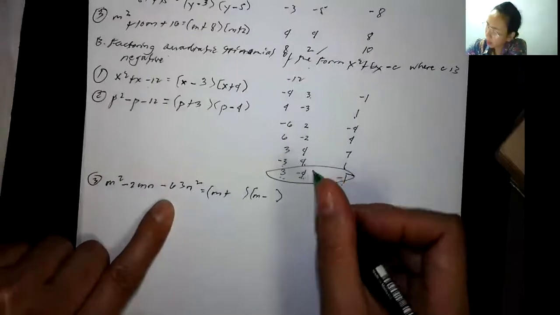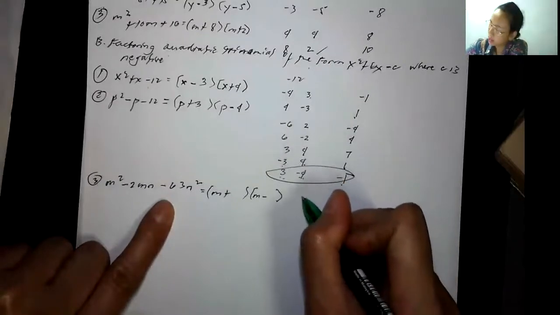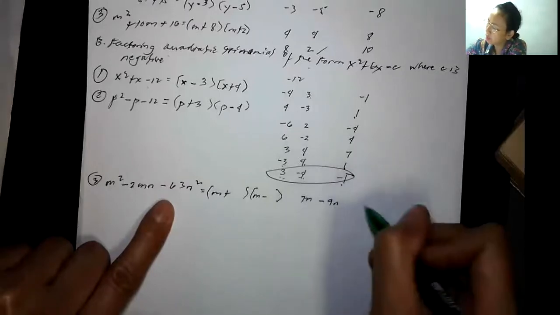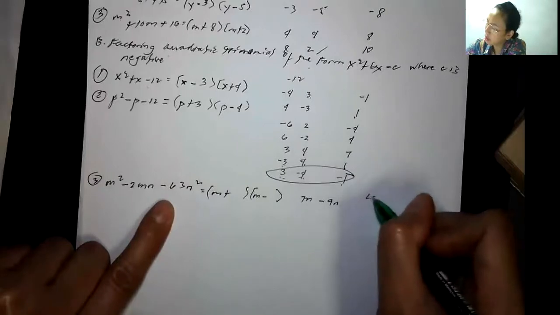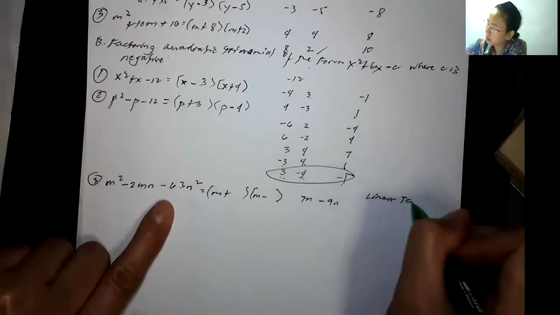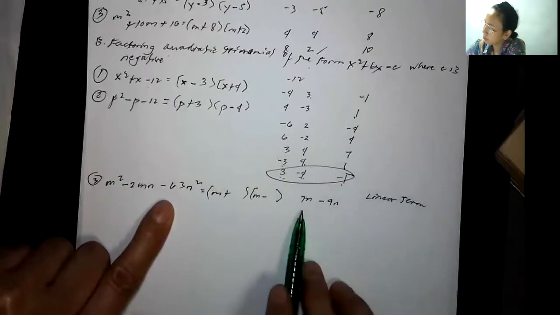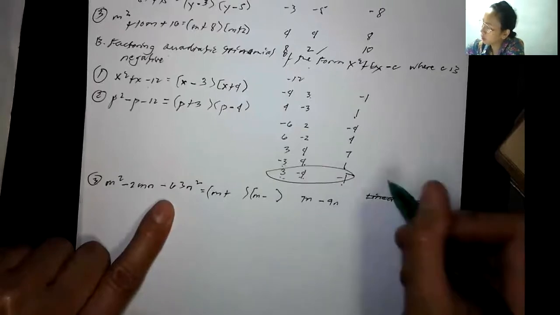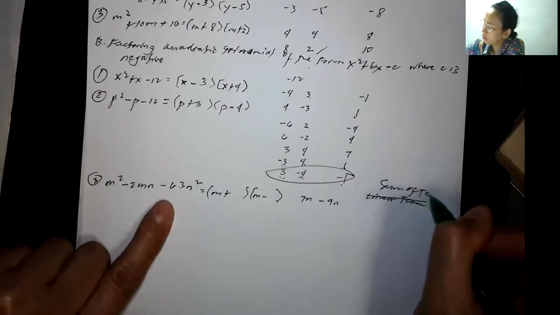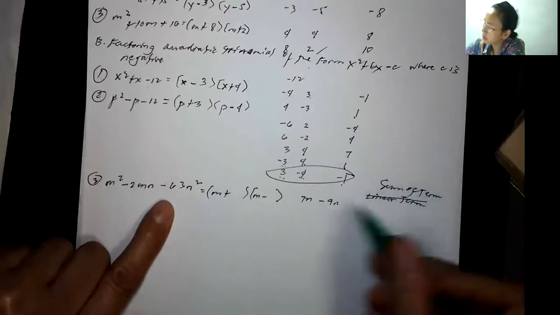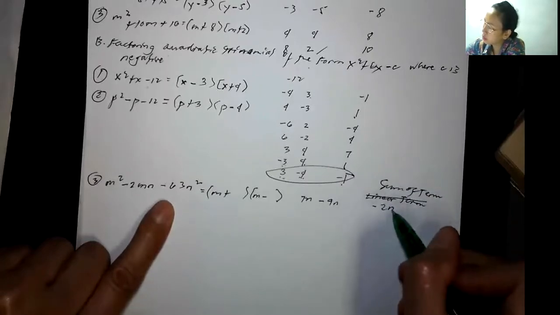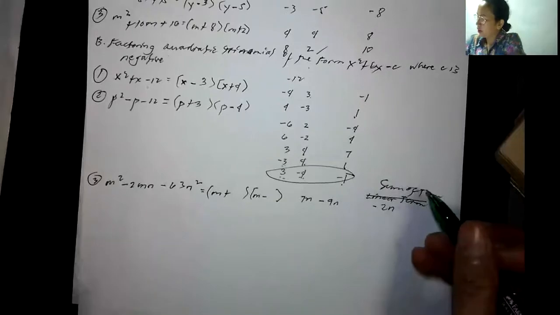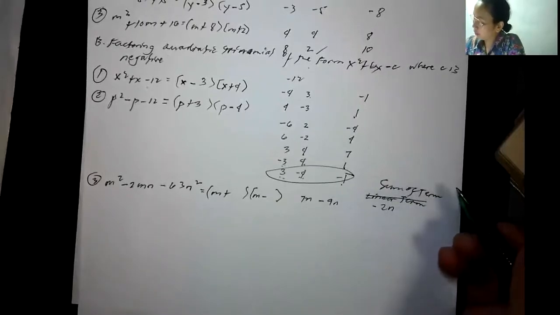So that is, let's say we have here 7n and negative 9n. So let us have a linear term. 7n minus 9n, the sum of terms. So 7 minus 9n, that is negative 2n. Okay, that is negative 2n.